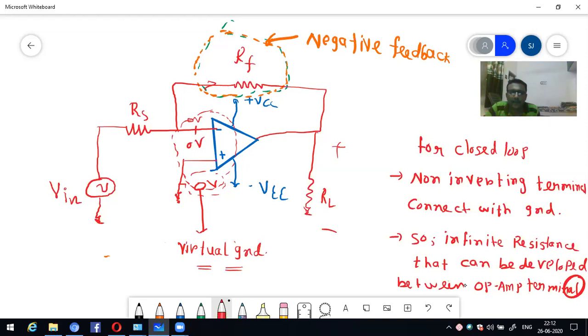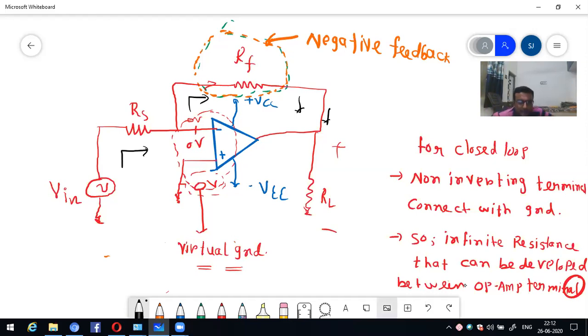Now, apply the KVL in the entire loop. Due to the presence of 0 volt, this can be considered as an input loop, and this can be considered as an output loop. See this black indicator. It can be considered as an output loop, and it can be considered as an input loop.